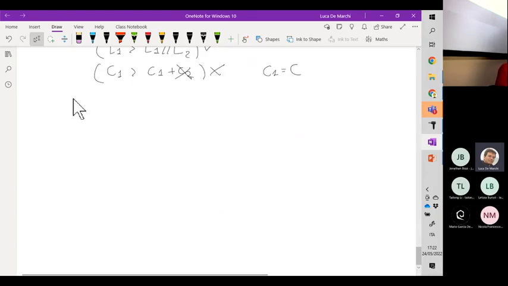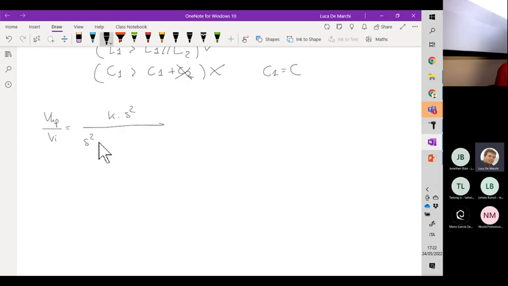Again, VHP over VI is equal to K times S^2 over S^2 plus S omega0 over Q plus omega0^2.